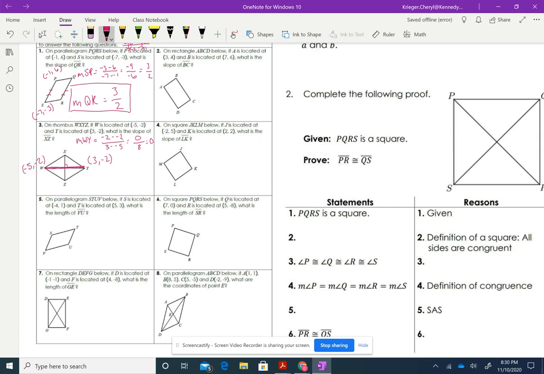So the negative reciprocal of that would be a line going vertically, which you guys know is undefined. Okay, or you can actually put 0 as a fraction, and the negative reciprocal of that would be -1 over 0, which you guys know is undefined. Okay, so the slope of XZ is undefined.